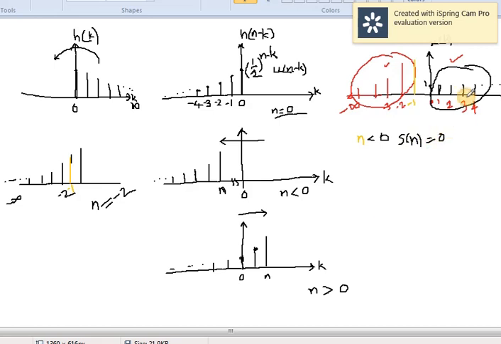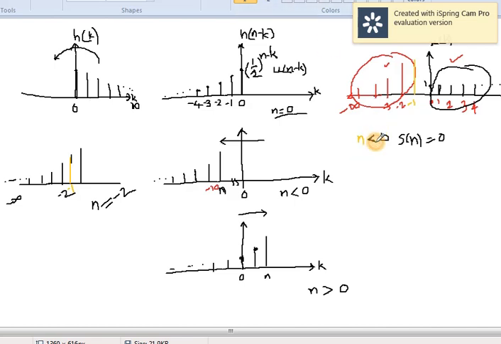Now let's try with n greater than or equal to 0. When n is equal to 0, then h of n minus k has its first sample at 0 and x of k also has its sample at 0.